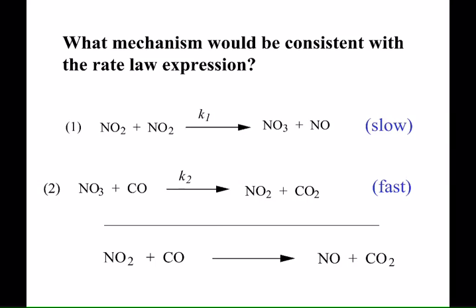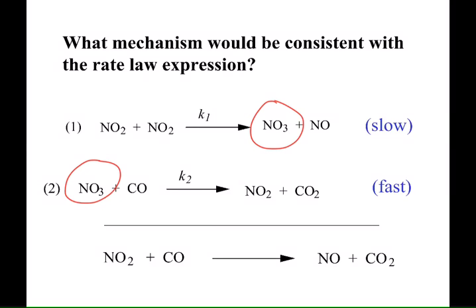Do we have any intermediates here? One of the NO2s and the other's the NO3. Yeah, it seems like one of the NO2s is also an intermediate this time, doesn't it? But the species NO3, yep, intermediate for sure.